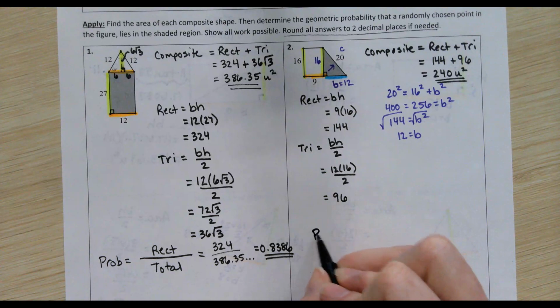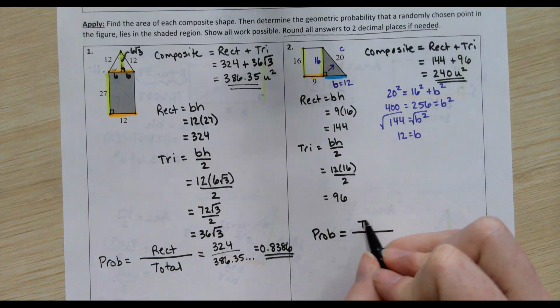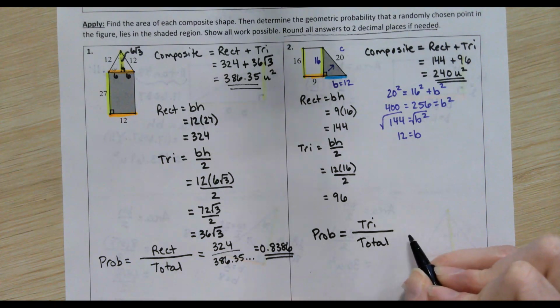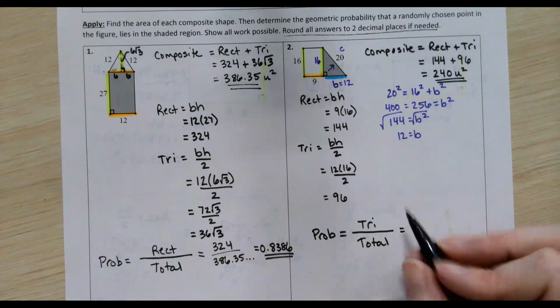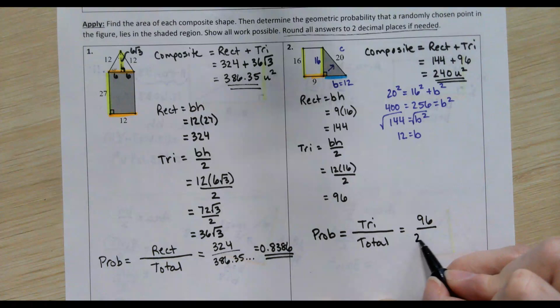Last but not least, they ask us for probability again of that shaded region. This time the shaded region is a triangle, and we want to divide that by the total. The good news is we already have the triangle, 96. We already have the total, 240.